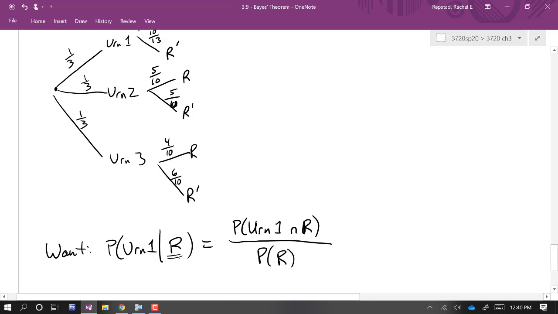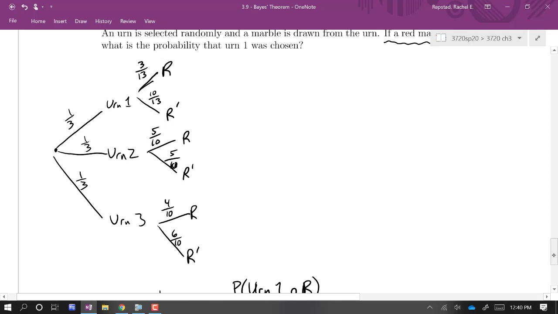That's our smaller sample space, the universe in which the marble we draw is red. In this universe, we know we drew a red marble, so that means we went down this branch, or this branch, or this branch. We can find the probabilities that we went down each of these branches by multiplying the probabilities along those branches.